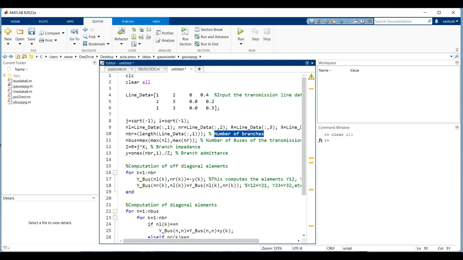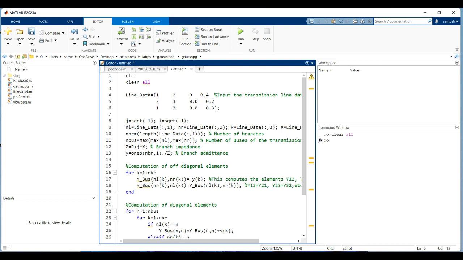Number of branches, first we have to calculate how many branches are there. So the maximum of line data column 1, obviously we will get 1, 2, 3. So NBR is equal to 3 here.